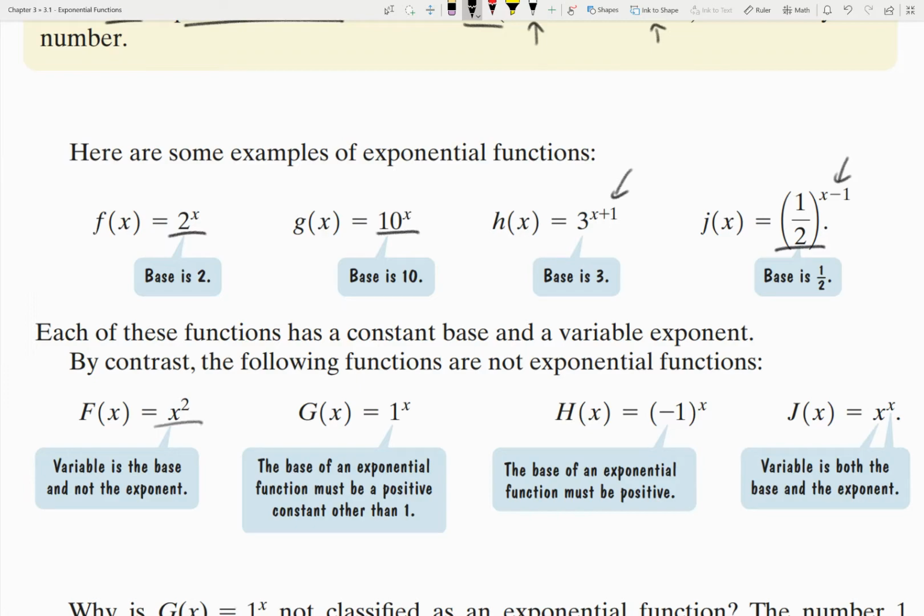Capital F of x at the bottom is not an exponential function because the variable is not in the exponent. That's a quadratic. That's just x squared. This one, g, is not an exponential function because it has a base of 1. This one has a negative base, and this one has a variable in both the base and the exponent, which is definitely not normal.